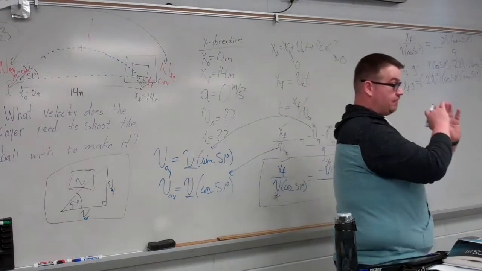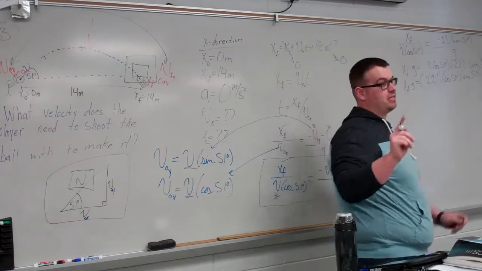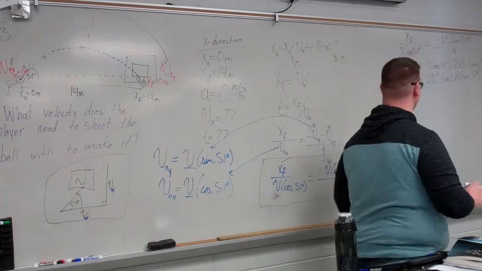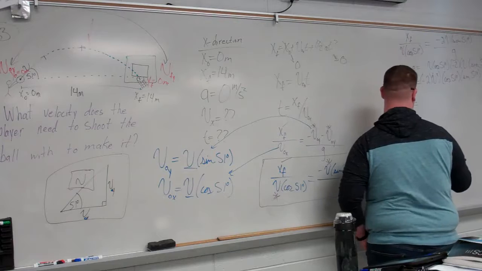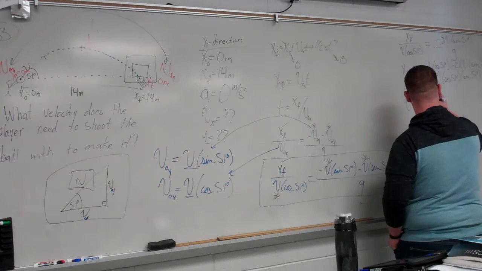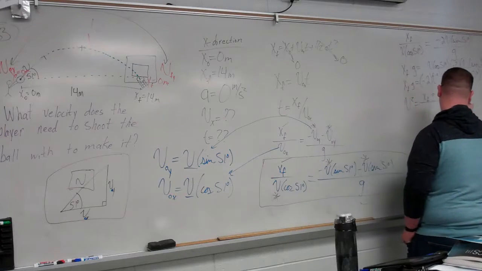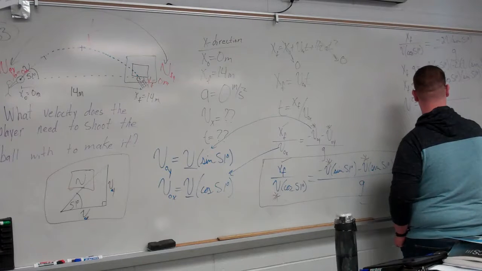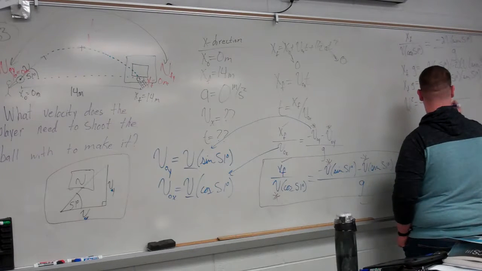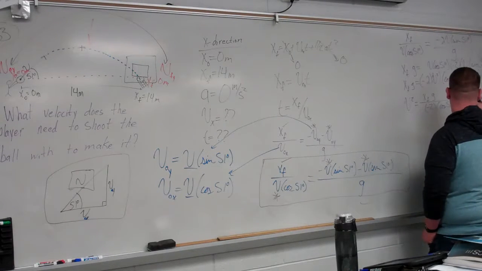I want to get velocity by itself. I'm going to put one big huge algebra step in here. Velocity squared is equal to final position in the x direction times gravity divided by negative 2 times the cosine of 51 degrees times the sine of 51 degrees.